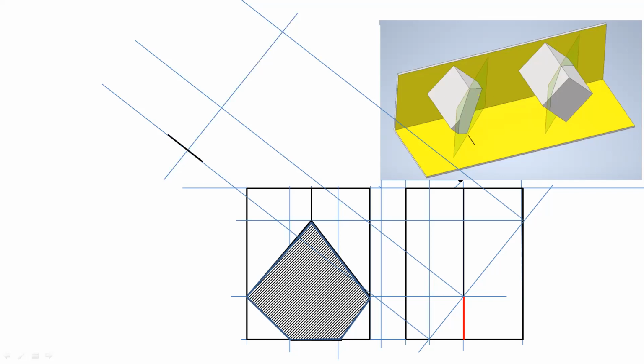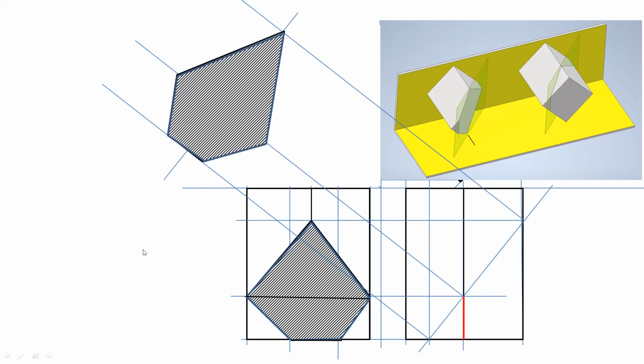Similarly, measure the distance between these 2 points. So this is the true shape of this section. So try to complete this problem on the drawing paper.